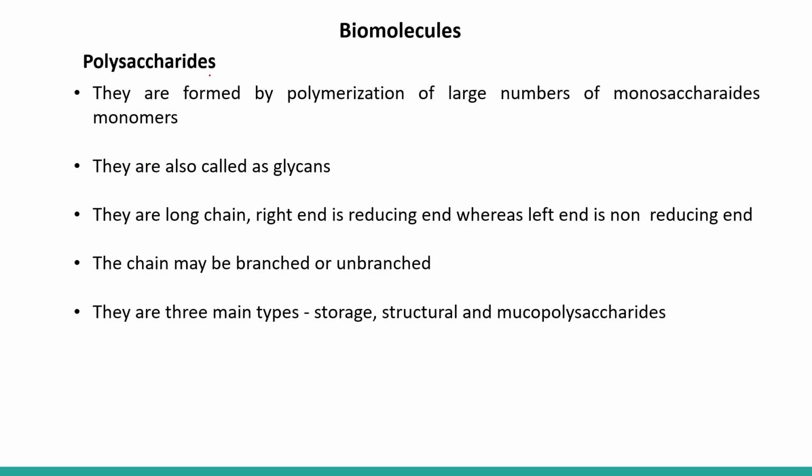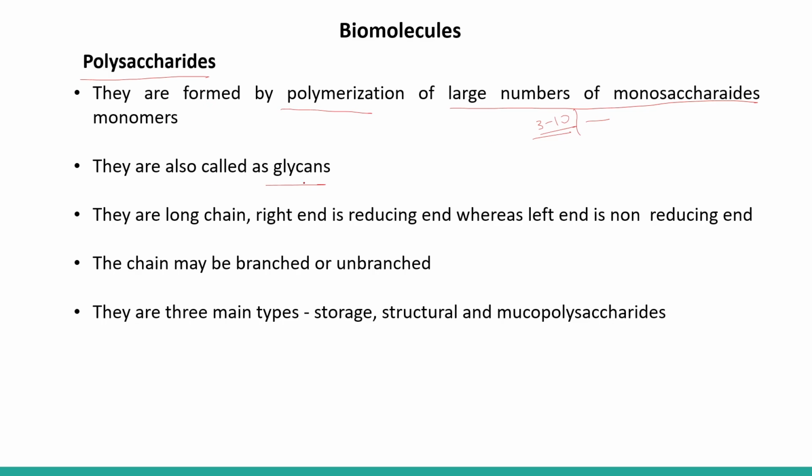Polysaccharides. Now we have studied monosaccharides and oligosaccharides. Polysaccharides are formed by the polymerization of large numbers of monosaccharides. We have studied that when 3 to 10 monosaccharides polymerize, it is considered an oligosaccharide. But with more than this, it is considered a polysaccharide.